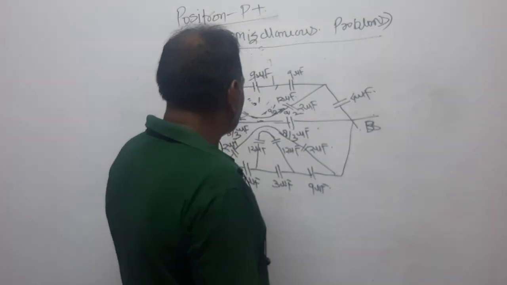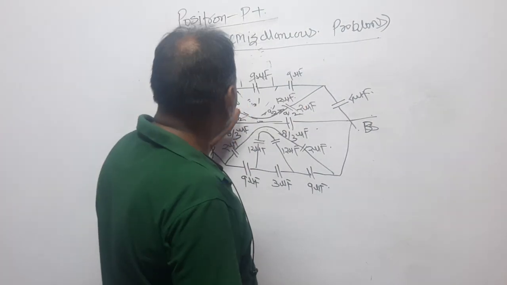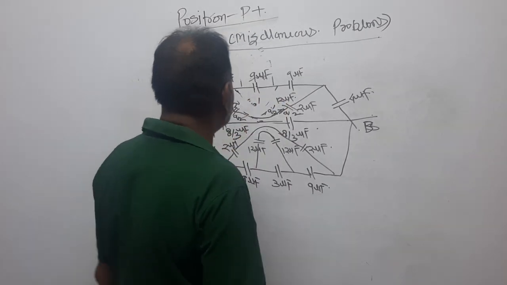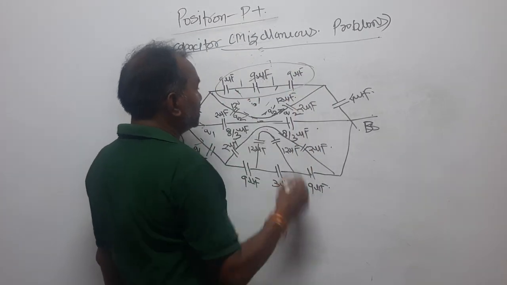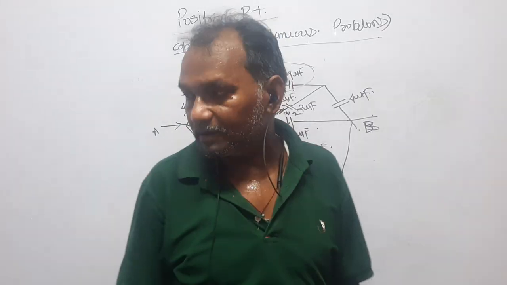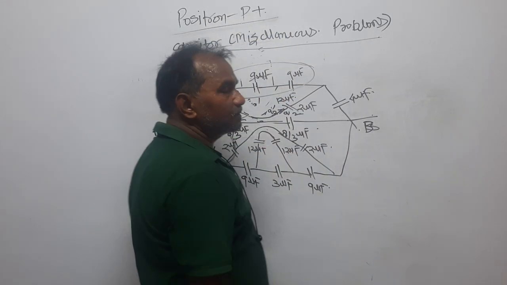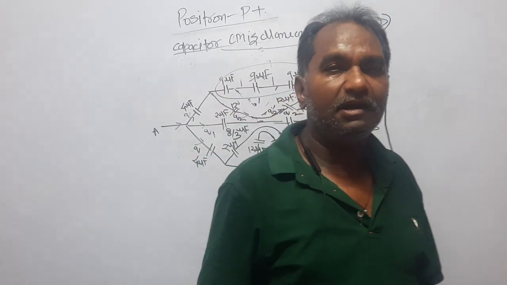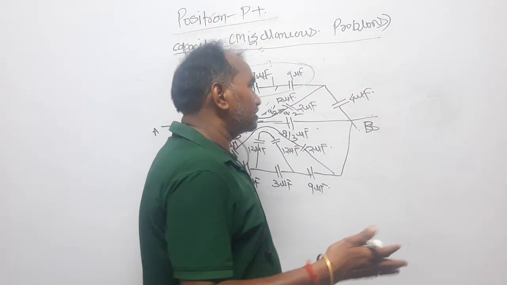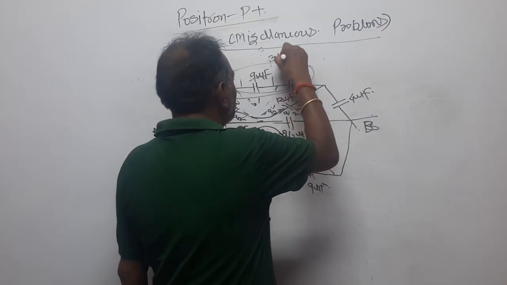If you say that 9, 9, 9, these are in series, then their equivalent, you know, 1 upon C is equal to 1 upon C1 plus 1 upon C2 plus 1 upon C3. So 1 by 9 plus 1 by 9 plus 1 by 9, 3 by 9, that is 1 by 3. Then you will take the reverse. So it is 3 microfarad.